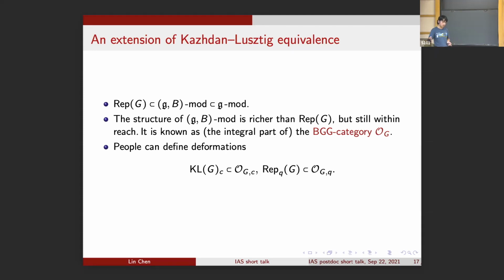For example, you can construct what's called BGG resolutions for some quantum modules, and this can be translated to the affine side, where a priori the construction of these things is hard.